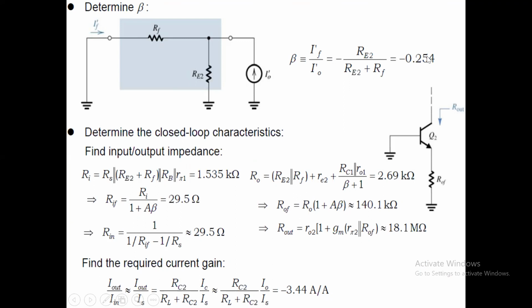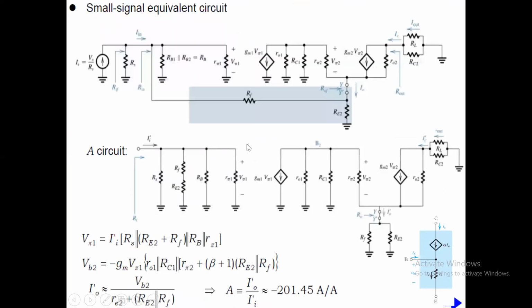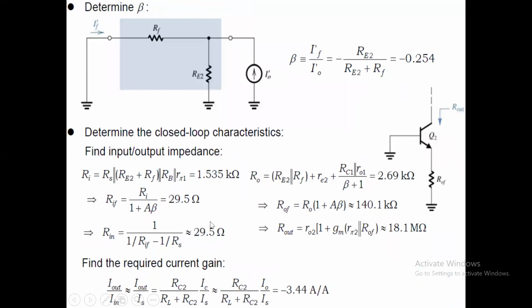Then we need to find the input and output impedances. Input impedance is a straightforward one, which is whatever we have, written over here. This is the input impedance itself, because V pi 1 is itself the input value over there. So this becomes the input impedance. That is what we have here. Okay, same thing is written there, 1.535 kilo ohm.